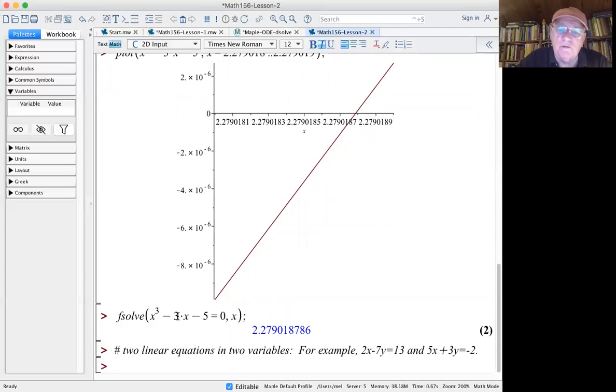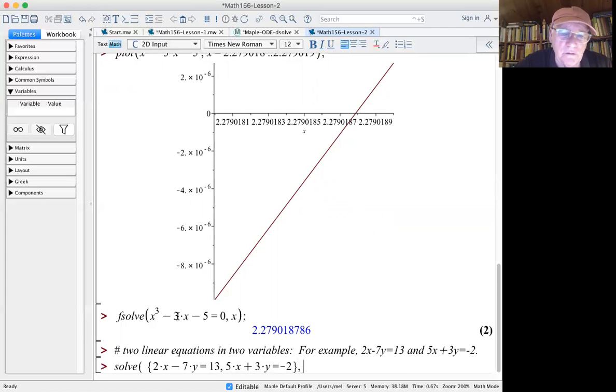So how do we solve 2 equations and 2 unknowns? So we can use solve or fsolve. Let's use solve. So when you're solving more than one equation, you put the 2 equations you're trying to solve in curly brackets. So in curly brackets, I have 2 times x minus 7 times y equals 13, comma, that's how you separate the equations, 5 times x plus 3 times y equals minus 2, curly brackets, comma.